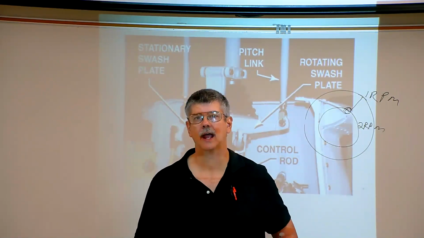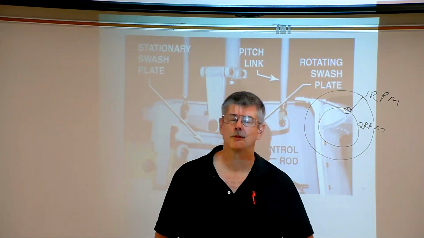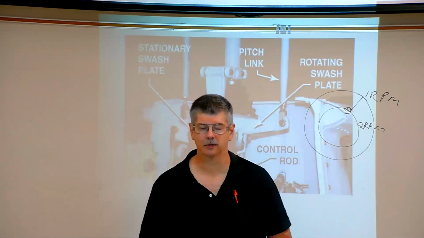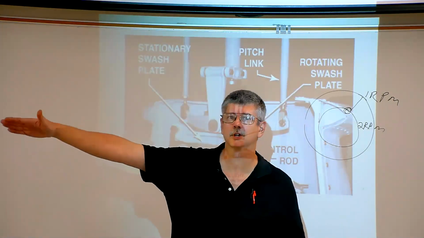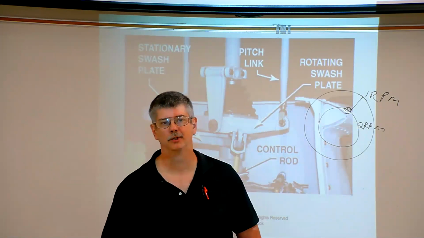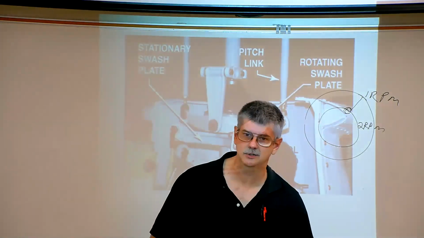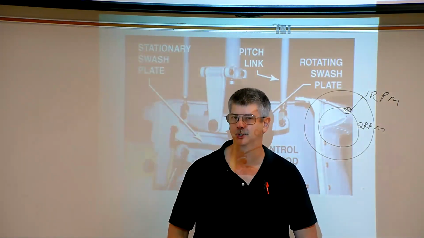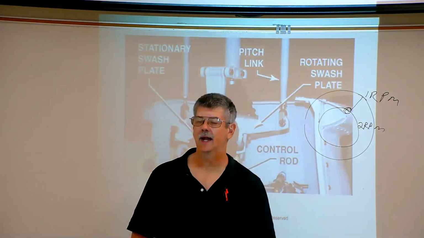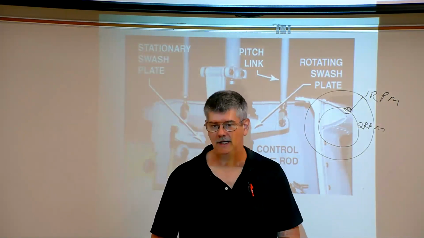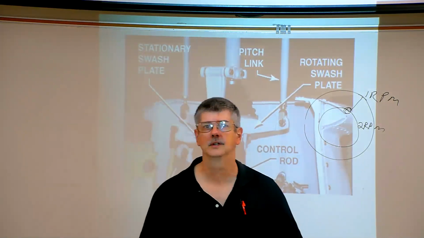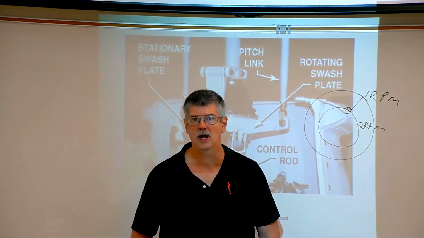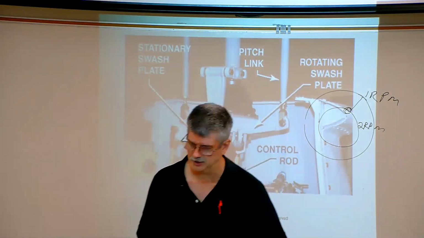As you increase the collective, what we have to understand is that the rotor blades' pitch increases, which then puts more drag on the engine, meaning that the engine has a harder time trying to turn that rotor blade. So a lot of times when the collective is raised, not only does it increase the pitch of the blades, but it also increases the power output of the engine.